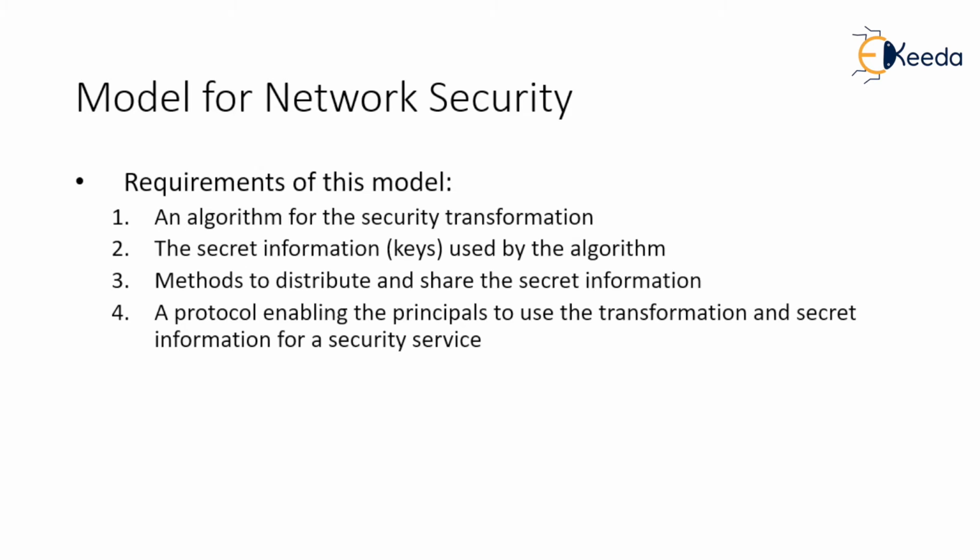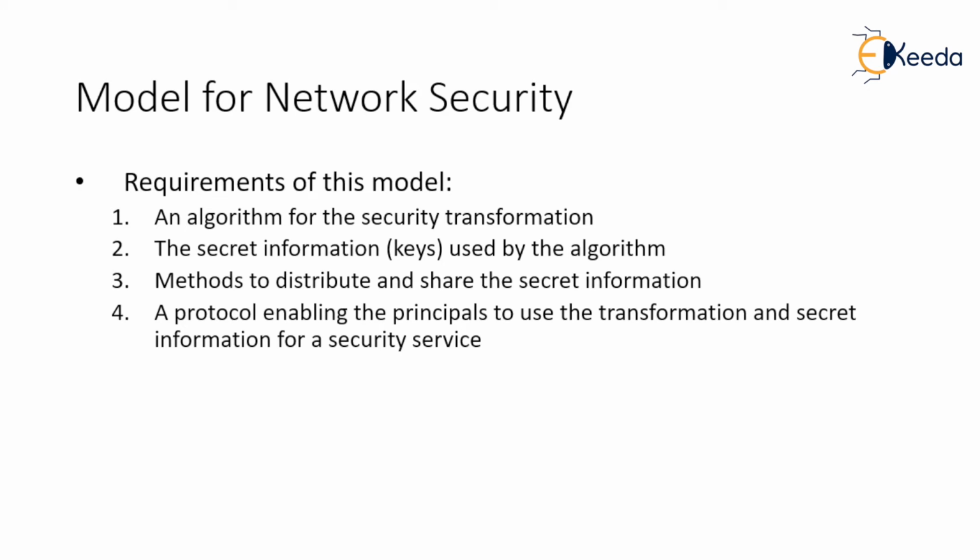These are some of the requirements for the network security model, which asks to design an algorithm for the security transformation. That means the algorithm should be designed in such a manner that both the entities should be able to understand and implement the algorithm for the secure transformation of the messages amongst them.